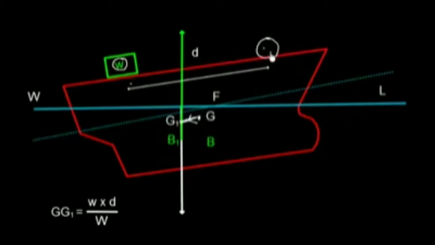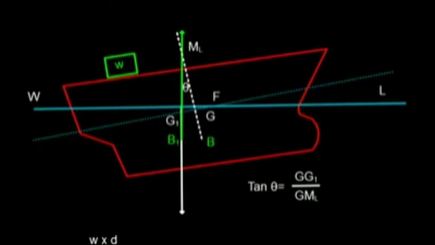Well, from this place to this place, distance is shifted, and capital W is the displacement of the ship. Well, we also note something very interesting here, that tan theta is equal to GG1 by GML, and this is if we consider this triangle.